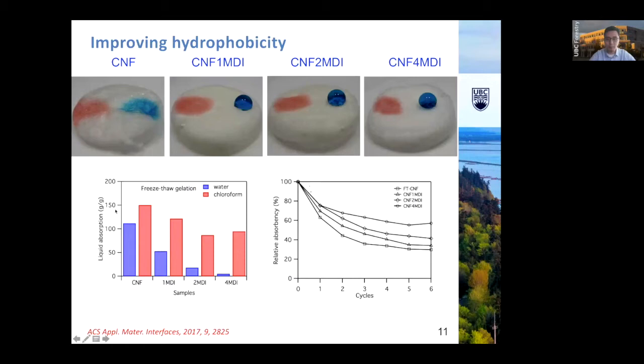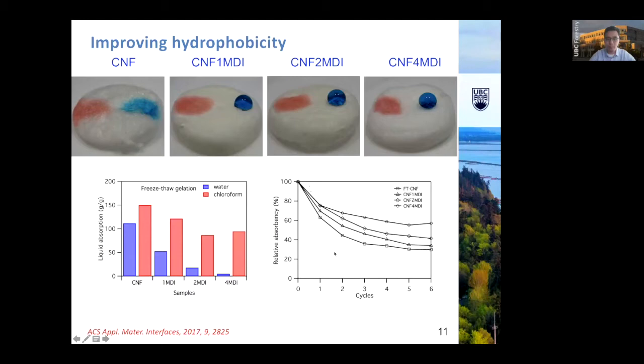This is relative to the weight, how much solvent can be picked up per mass of the aerogel. After modification, this absorption can also be recycled. For example, the chloroform can be easily evaporated, and then you can use it for absorption again. It loses some capacity over the cycles, but if you look at the unmodified one, it shows much higher loss.